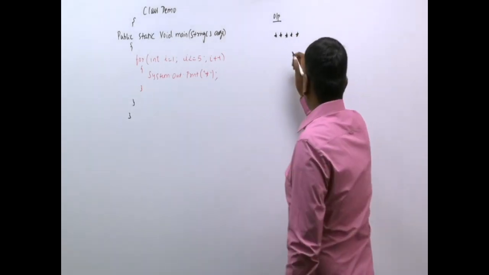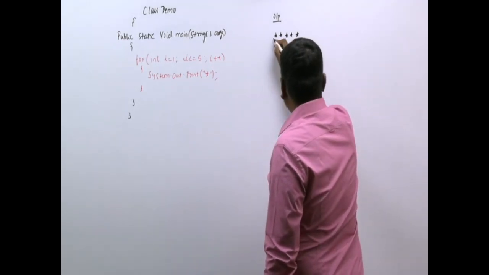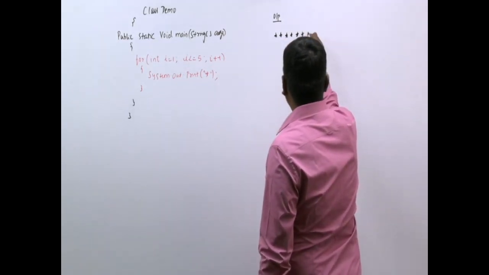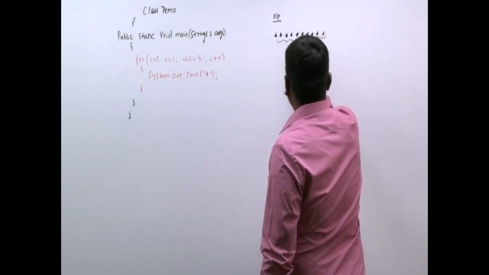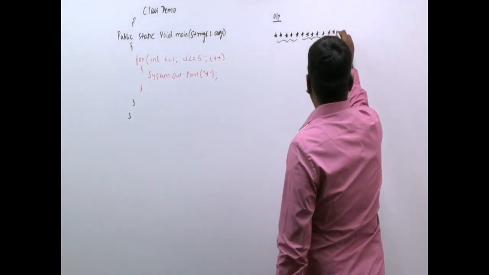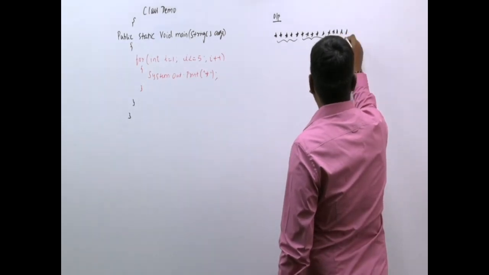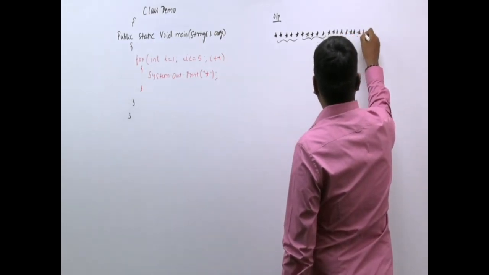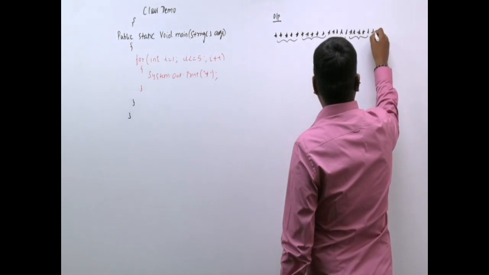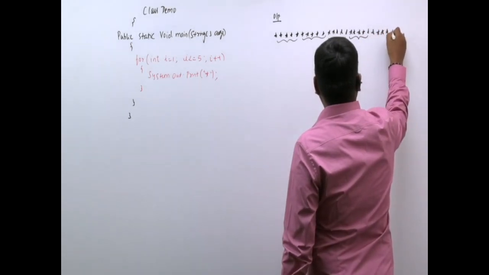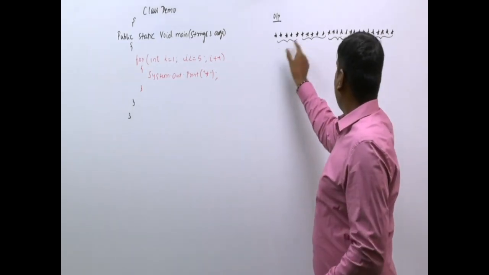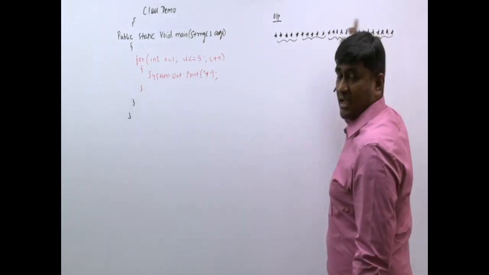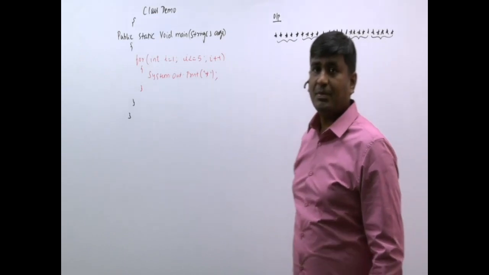Like this, see here, 5 stars for the first time, similarly 5 stars for the second time, 5 stars third time, 5 stars fourth time, and 5 stars fifth time. This is my requirement. So 5 stars 5 times you should be displaying and everything should be there in the same row.